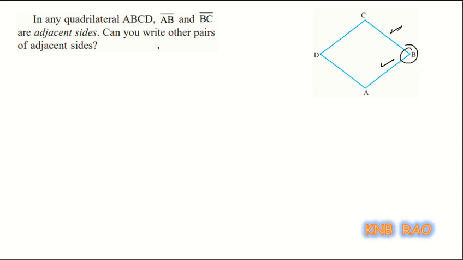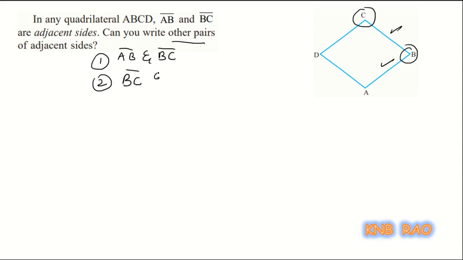So, can you name other pairs? Let us see. First one, AB and BC. Second, BC and CD, because there is an endpoint C in common.